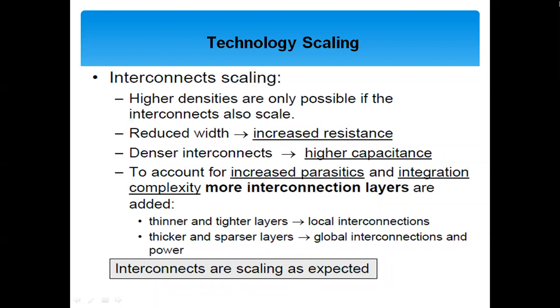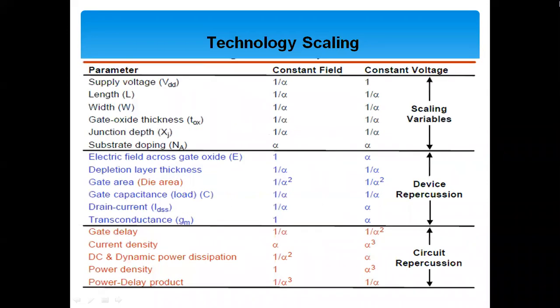So if you use two different layers for the interconnection, the drawbacks of interconnect scaling can be reduced or avoided, right? So this is about the interconnect scaling.